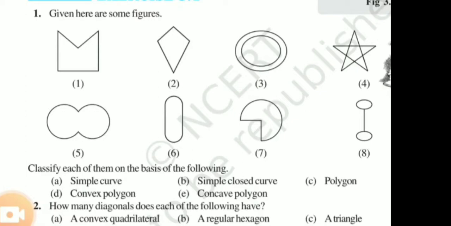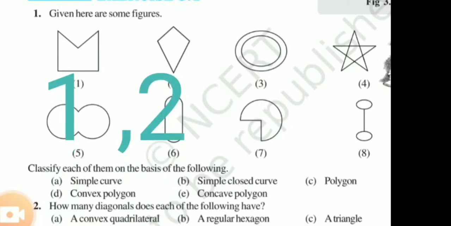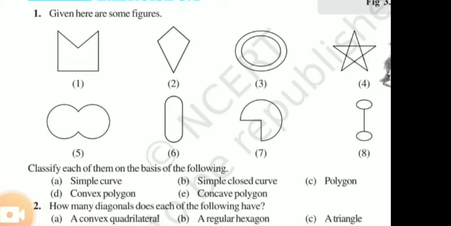Next one is polygon. So as I told you, polygon means simple closed curve made up of only line segments is called a polygon. So the number 1 and number 2, both the figures are made up of line segments. That's why these two are polygons.